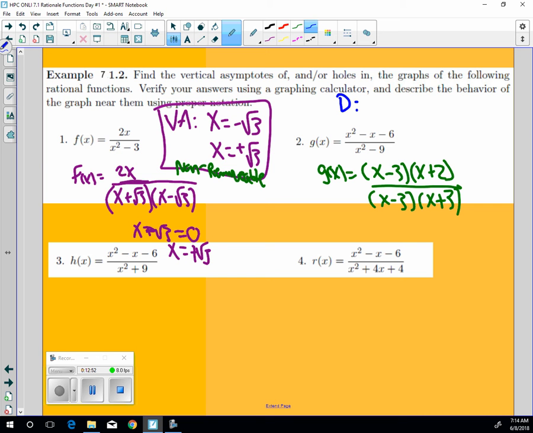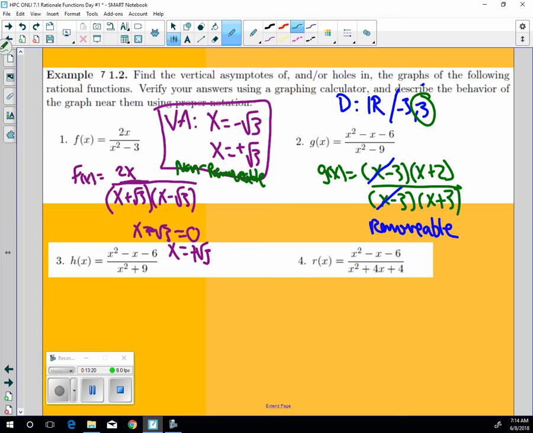The domain is going to be all reals, and it's not going to be 3, and it's not going to be negative 3. But something happens with these 3's. The 3's are going to cancel, and so we call this removable because they remove from the equation. But they're still there. It's still undefined at positive 3. Now, how can that be?